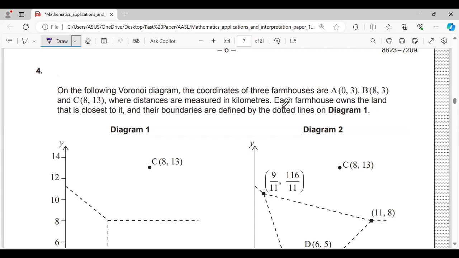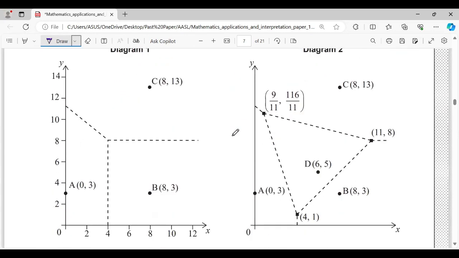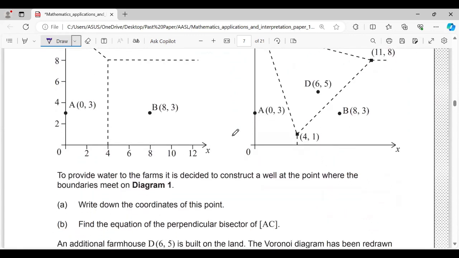Each farmhouse owns the land that is closest to it, and their boundaries are defined by the dotted lines on diagram 1. To provide water to the farms, it is decided to construct a well at the point where the boundaries meet on diagram 1. Write down the coordinates of this point.